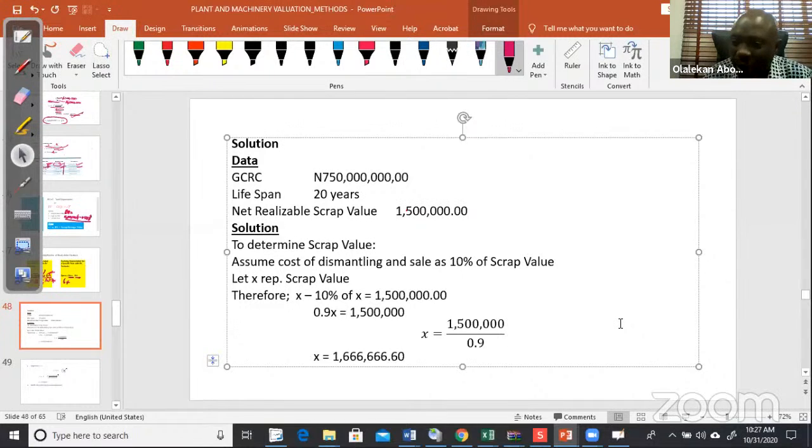When they say this figure is net of expenses, it means that 1.5 represents a figure from which the cost of dismantling and cost of sales have been removed.